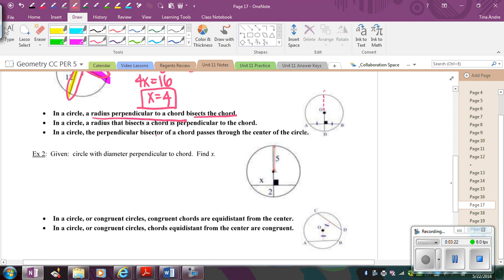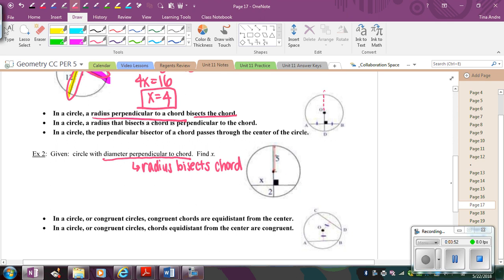Using this idea, let's look at this next problem. Right away I see a diameter perpendicular to a chord. So that means the diameter is bisecting the chord.